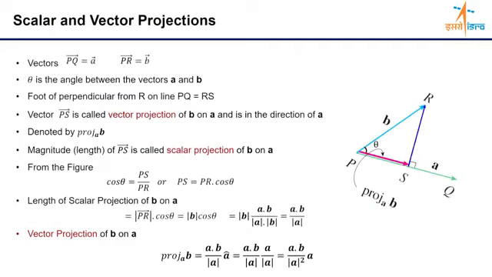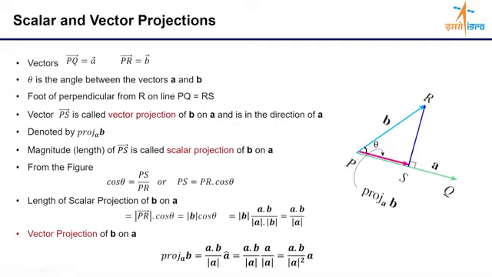So now coming to the vector projection. Suppose I am considering two vectors here. One vector is PQ, starting from here and ending here, having some direction along this side, and there is another vector called RS. It starts from here and moves towards this side, and this is the arrow.